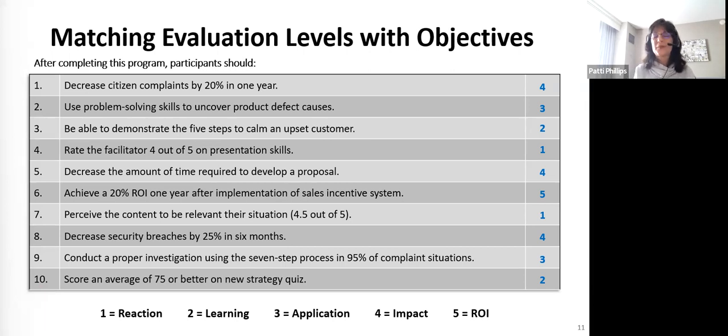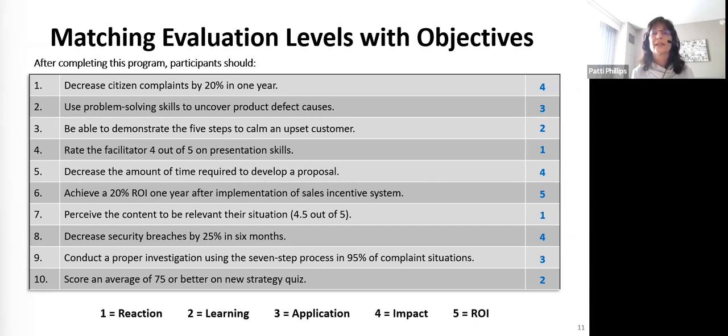So some people will say, well, why do we care if it's a level 1, 2, 3, or 4, right? And again, we care because those objectives and key results, the objectives, are really the guide for us to design good programs, but they also guide us in the evaluation process.